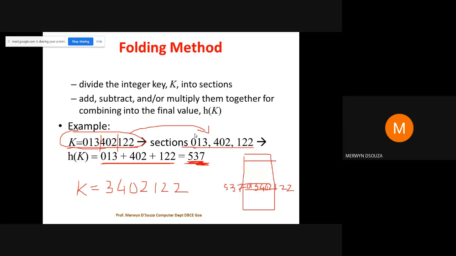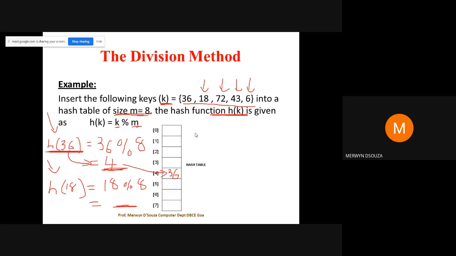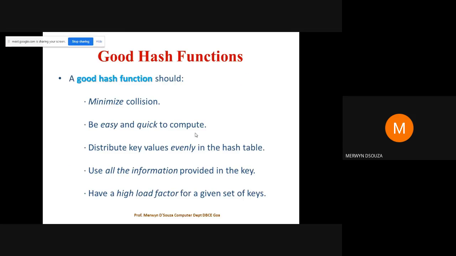These are all the different ways of computing your hash function. You can just read this slide now, what we had gone through at the beginning. This should be the objective of your hash function. As we end the lecture, you can just read this slide and then we can stop the lecture for today.